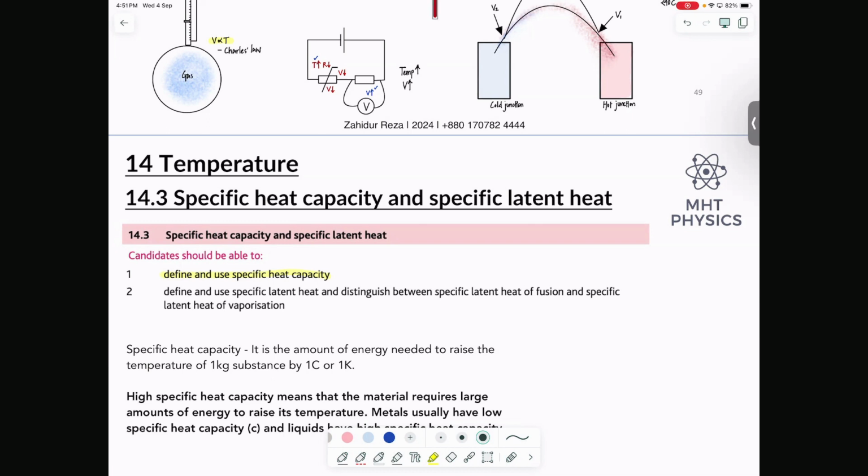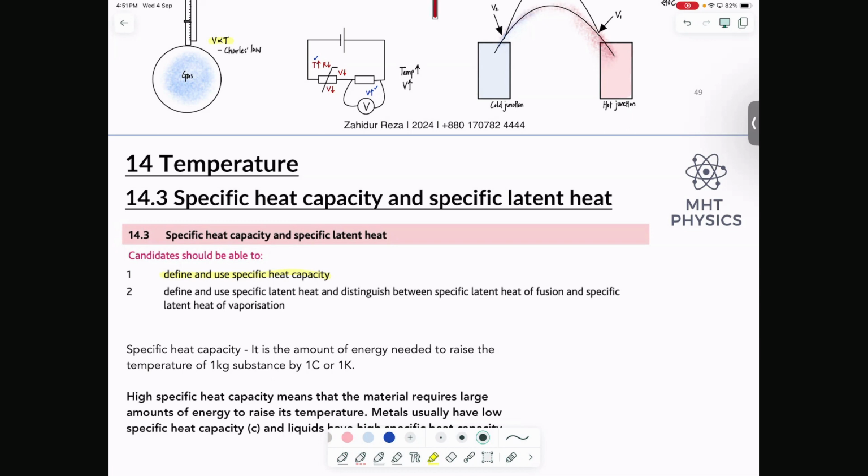What about gases? What kind of specific heat capacity do gases have? Extremely high or extremely low? Extremely high. Why? Because for gases, the particles are so far apart. When you heat gas, it takes a lot of effort for the energy to be transferred. Whereas in solids, the particles are already in contact with each other. So the moment you provide heat, energy transfer happens instantly.